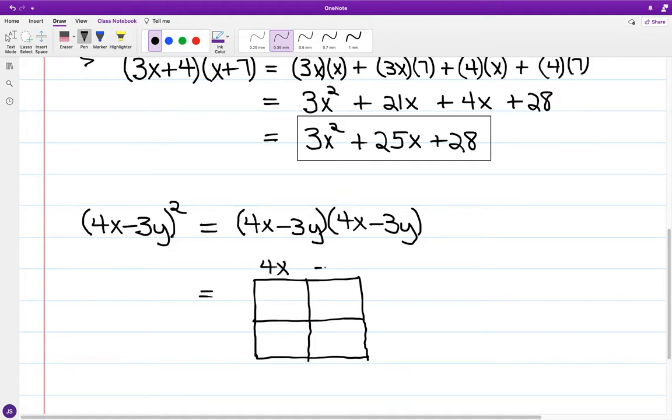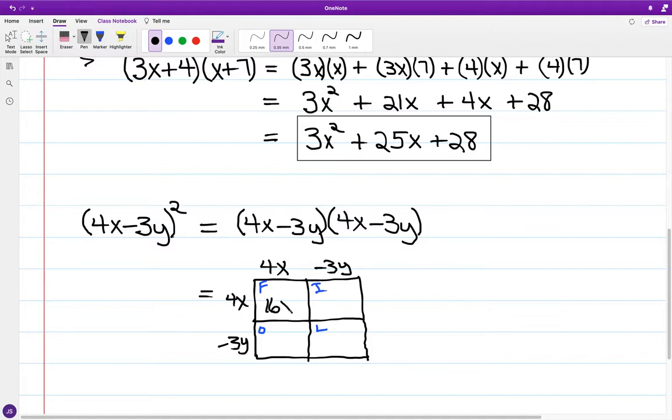So I have 4x minus 3y and 4x minus 3y, situating what we have here. So you've got first, outer, inner, and last.